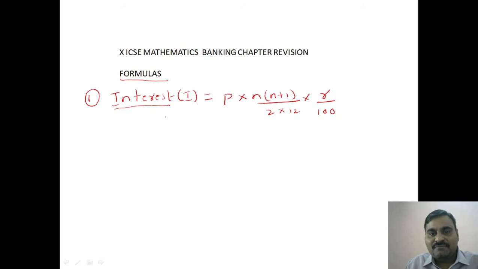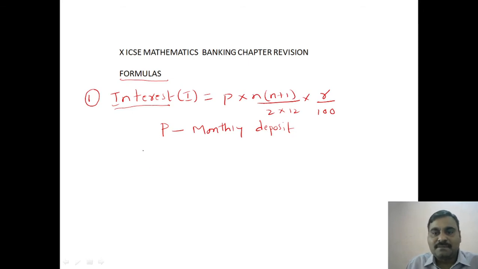So let us see what the variables involved in this formula are. The first one is interest, I. Then what about the P? P is the monthly deposit. In a recurring deposit account, every month we deposit the money for a certain period of time.